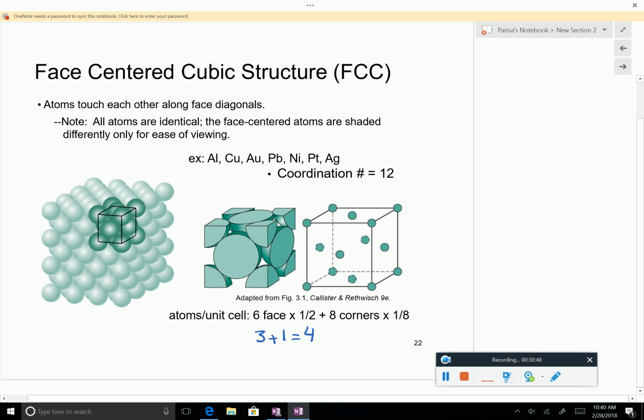Now, try to develop the relationship between A and R on your own this time. Looking at this figure, it's actually pretty simple. What we know is that they are touching here. That should give you the idea.